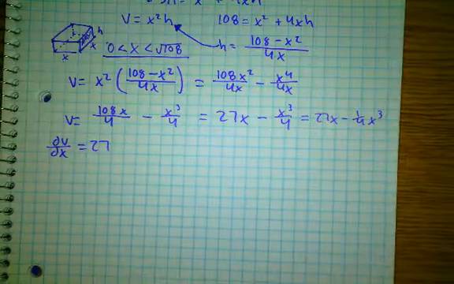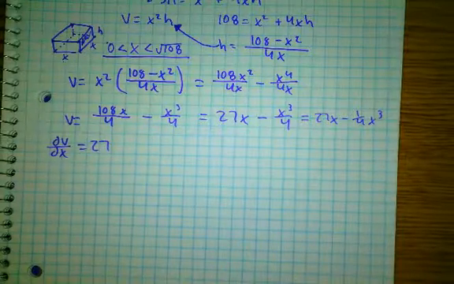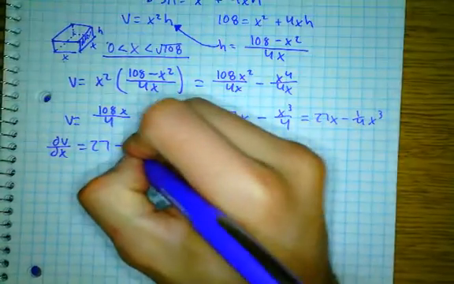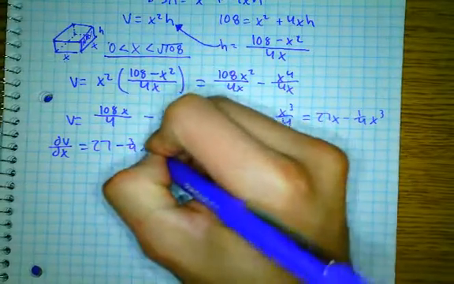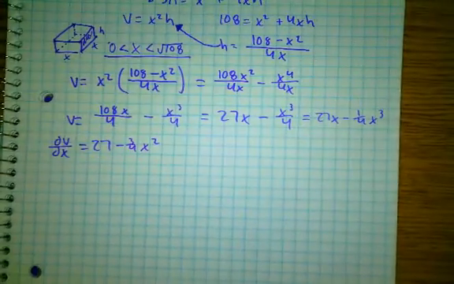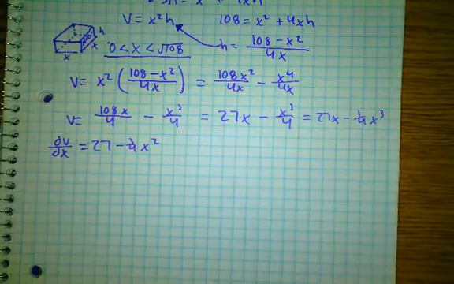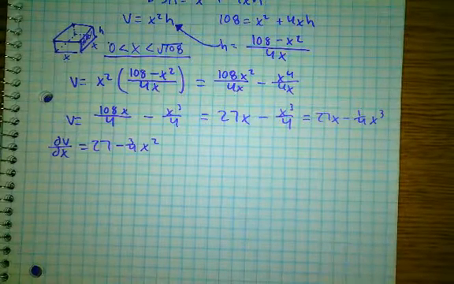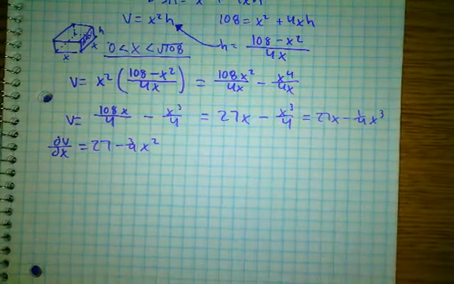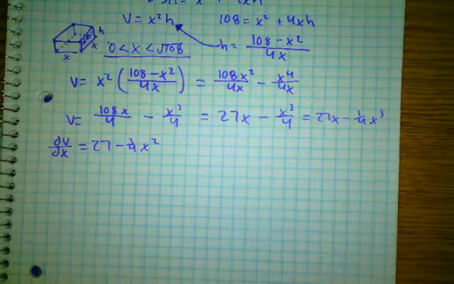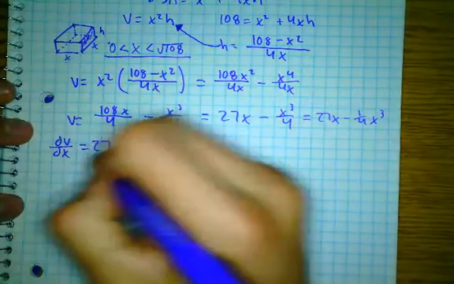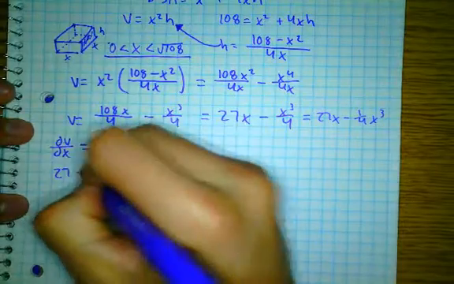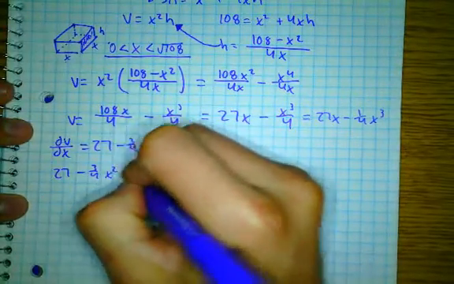Now, there's your derivative. You're ready to apply the first derivative test, which we're going to set equal to 0. So 27 minus 3/4 x squared equals 0. You guys okay if I multiply everything by 4 so that I can get rid of the fraction?